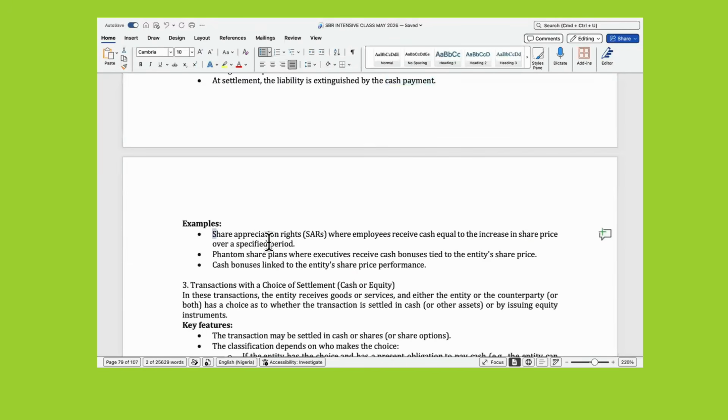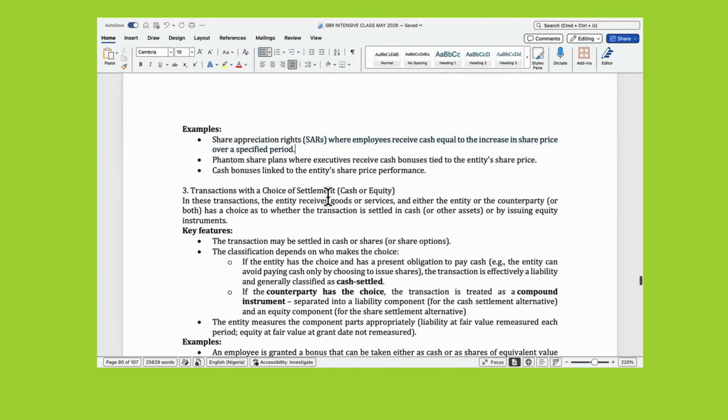This is the popular one you are going to find in your exam. That's the one you should focus on. Share appreciation rights, where employees receive cash equal to the increase in the share price over a specified period of time.